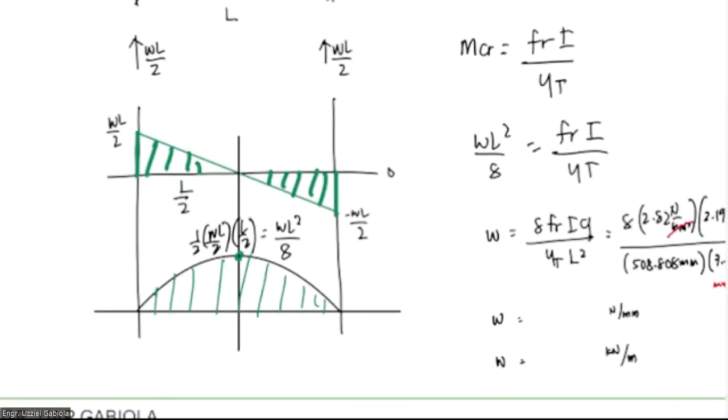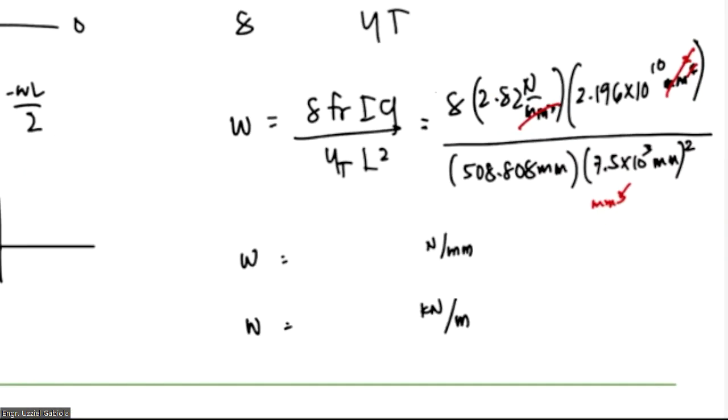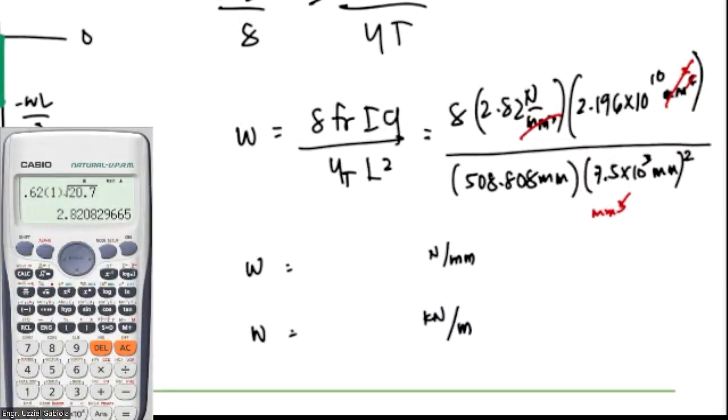So let us calculate this. 8 times 2.82, times 2.196 times 10 to the 10 all over 508.808 multiplied by 7.5 times 10 to the 3 squared.